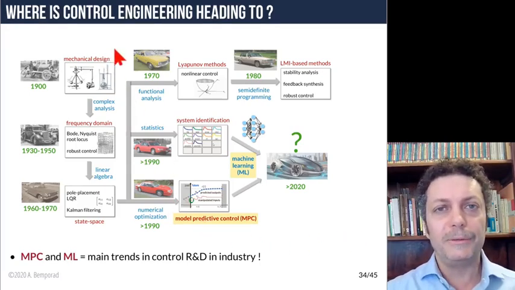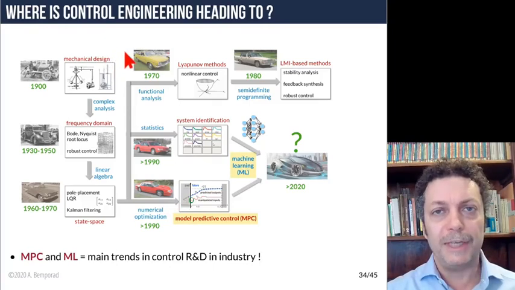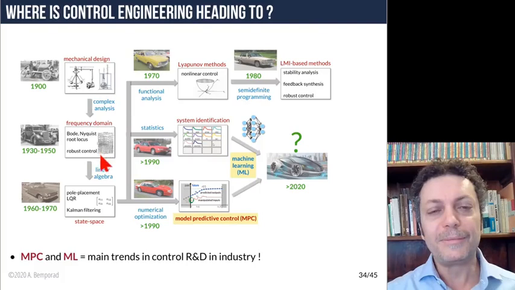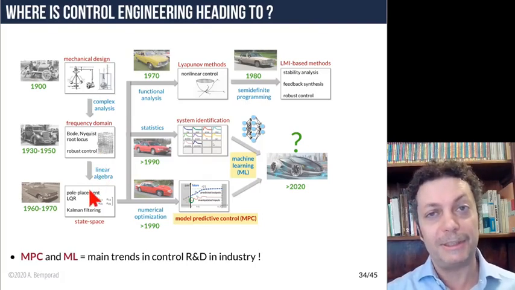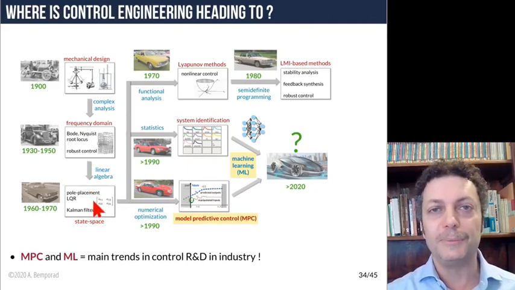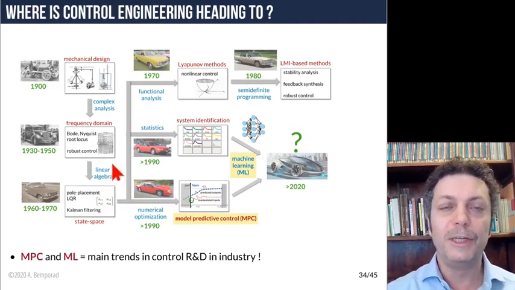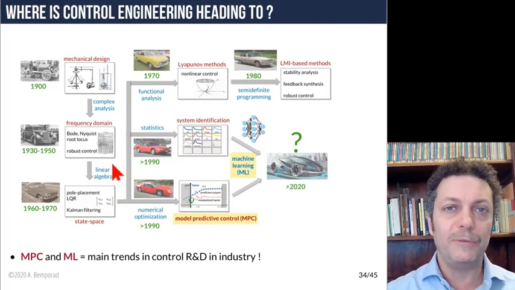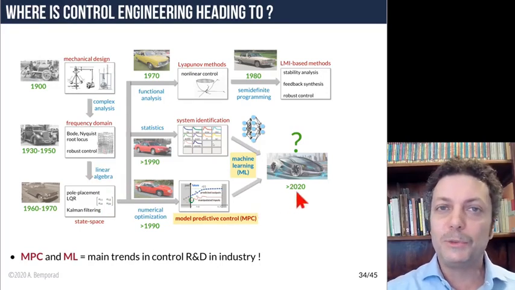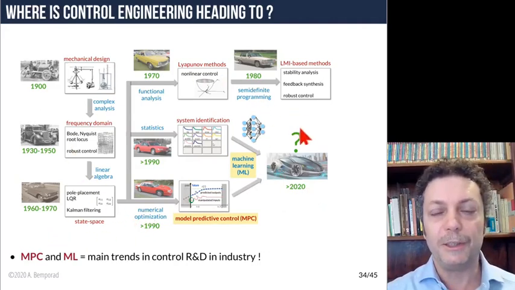If we consider how controls have evolved during the years, starting from pure mechanical design, controls have been having changes in design paradigms and additional design techniques added to the set of techniques that is available, often due to advances in other domains. So now the question is, what would be the next step in this historical path?